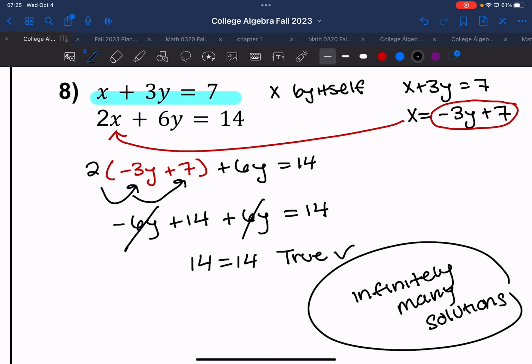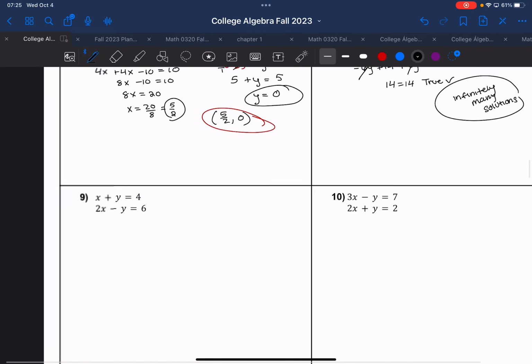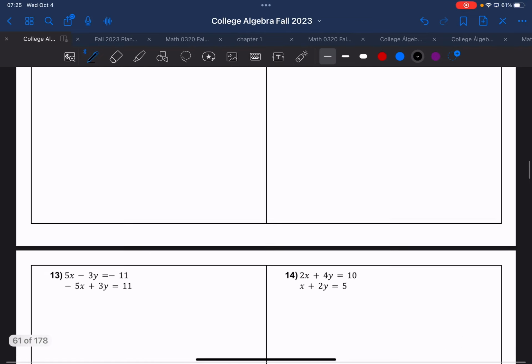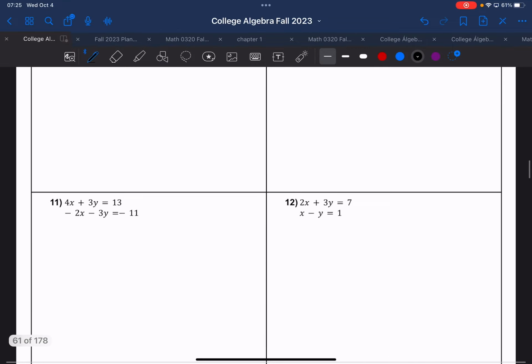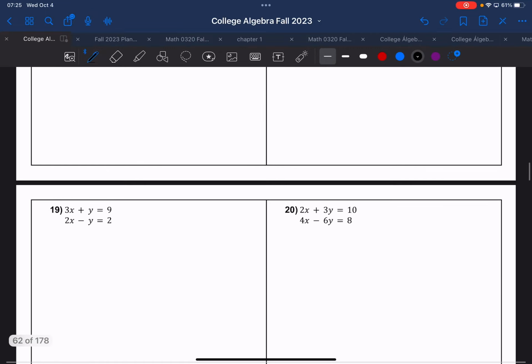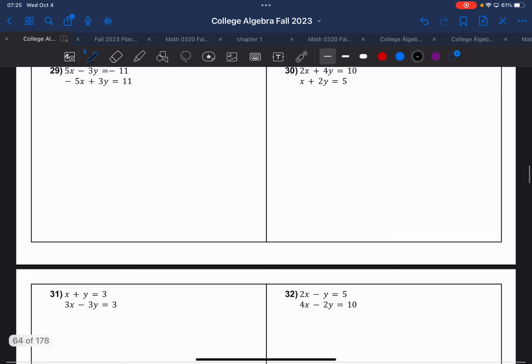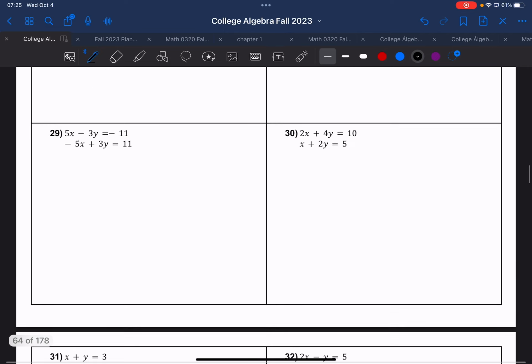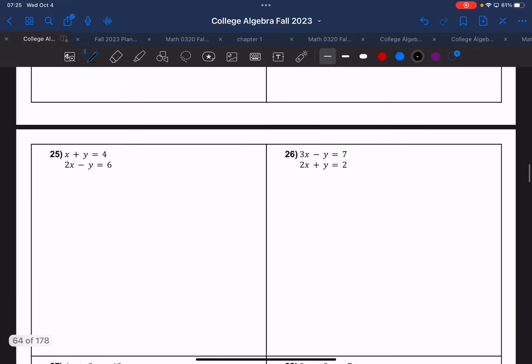Okay, so now we're going to look at elimination, because I have so many problems for elimination. So I did the first 8 there, let's look at the last 8 here. 1, 2, yeah, I thought it was 2 separate notes, but I guess I combined it in one note. 1, 2, 3, 4, 5, 6, 7, 8.